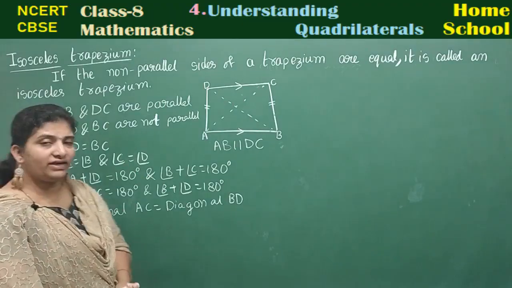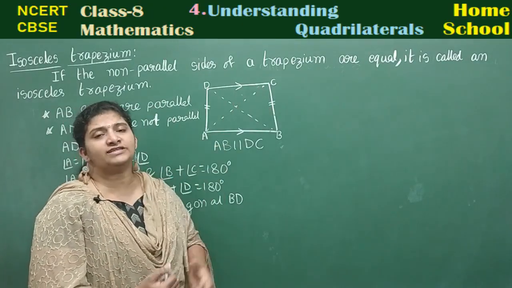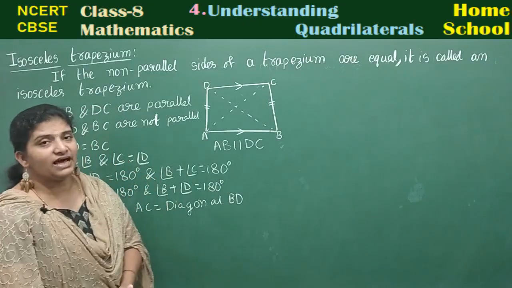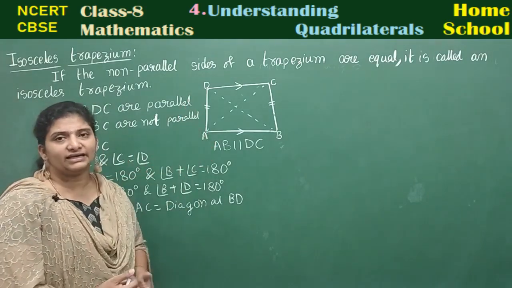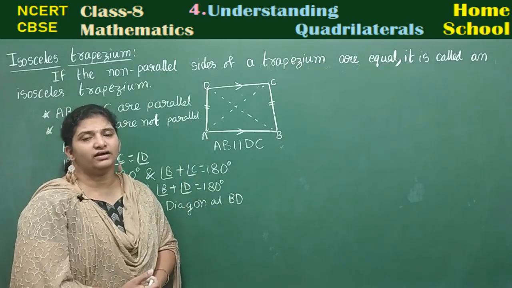And one more point we need to remember in this is that the sum of opposite angles is supplementary. That means angle A plus angle C is equal to 180 degrees and angle B plus angle D is equal to 180 degrees. And the diagonals are equal.